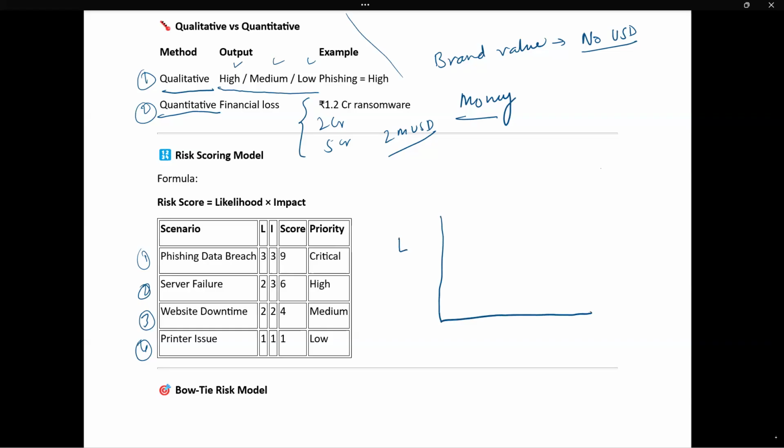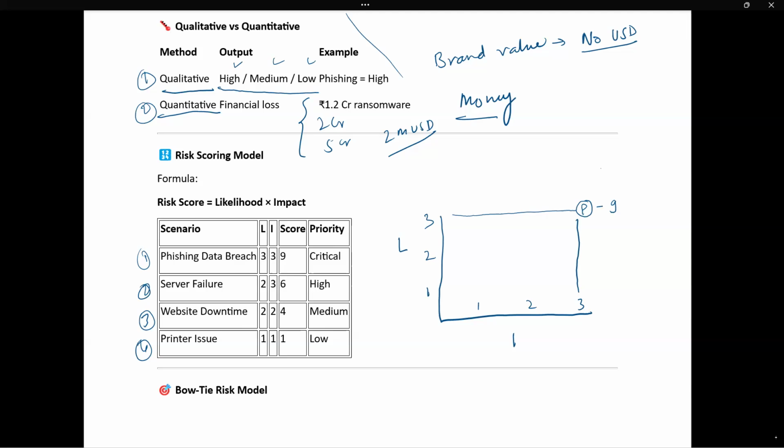This is likelihood, this is impact, 1, 2, 3 and 1, 2, 3. If you talk about phishing data breach, it is 3 in terms of likelihood, meaning it will happen frequently, and the impact is also high. So phishing comes here. The score is 9.